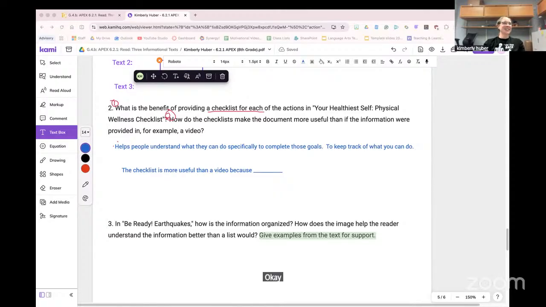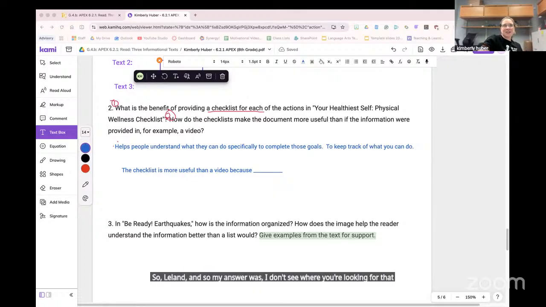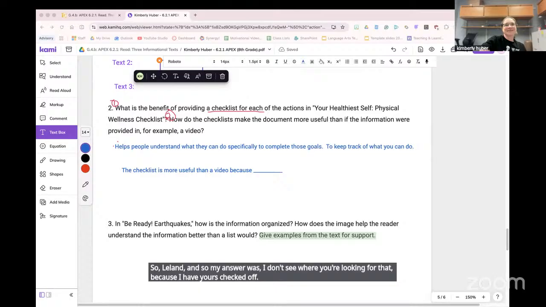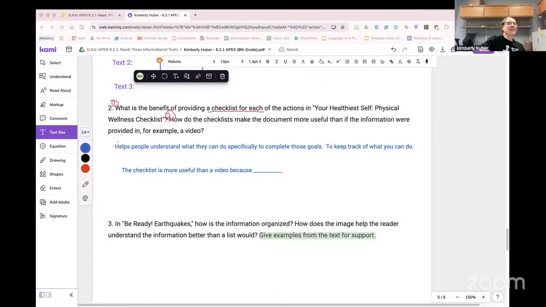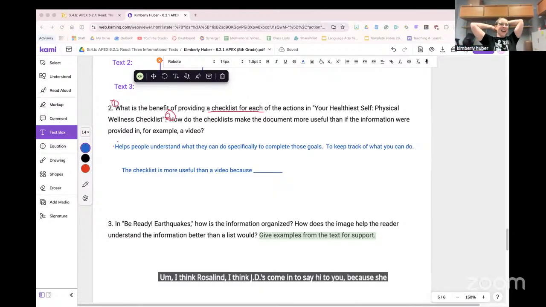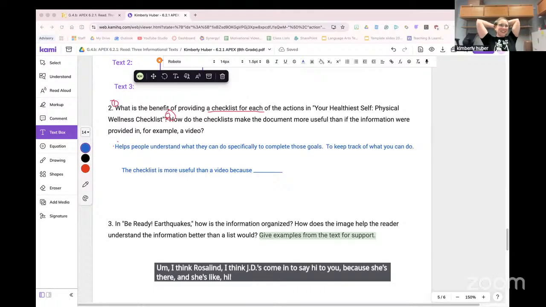Okay, awesome, JD. That's awesome. And I'm glad Rosalind's there. So Leland, my answer was, I don't see where you're looking for that because I have yours checked off. I think JD's coming to say hi to you because she's there and she's like, hi. So you can get off Zoom if you want.